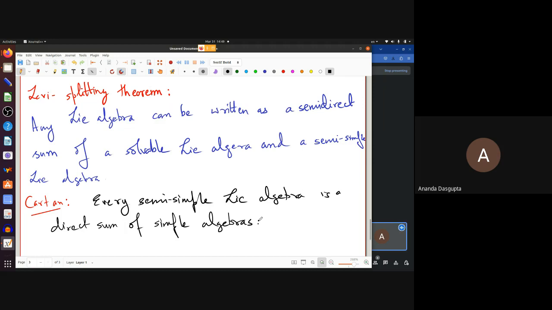So depending on the book, some books define simplicity as explicitly stating that they are non-abelian to begin with. Some books actually don't do that. If you are not defining simplicity by also demanding that apart from having no non-trivial ideal, the Lie algebra is actually non-abelian, then here you will say direct sum of non-abelian simple algebras. Means the same thing in both cases.